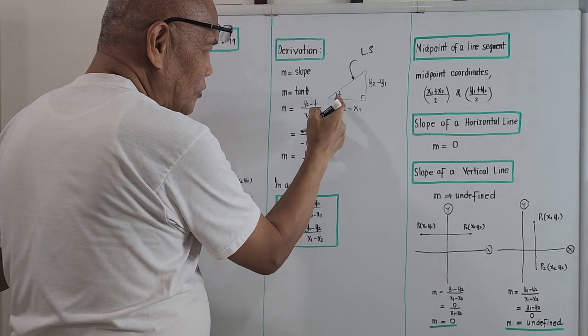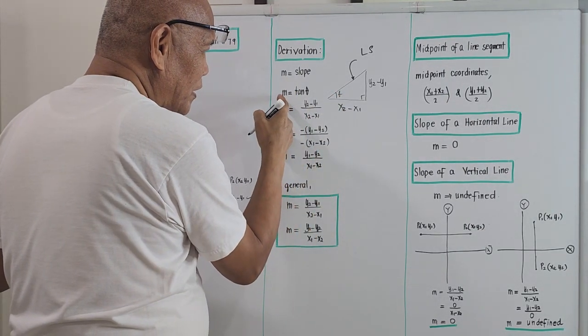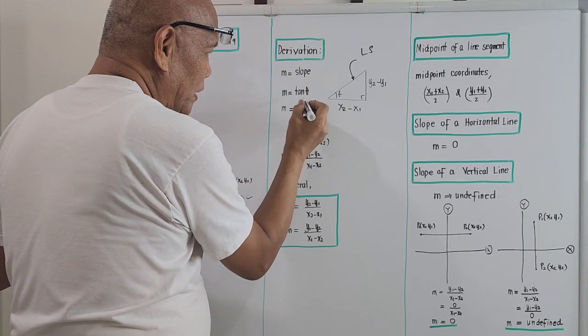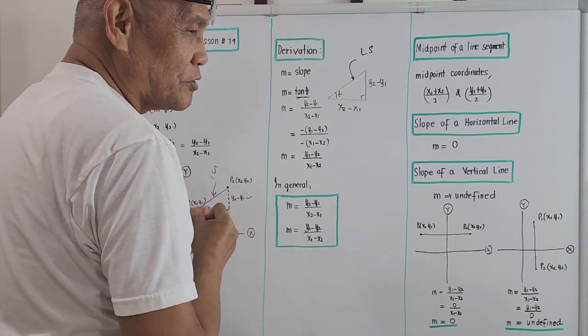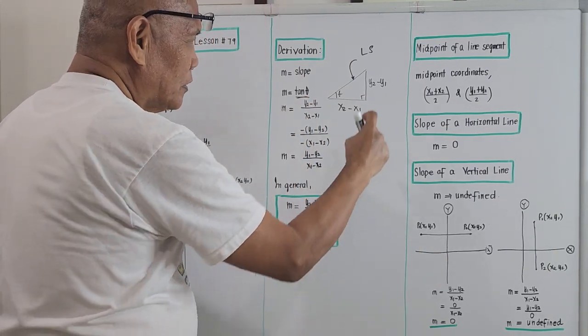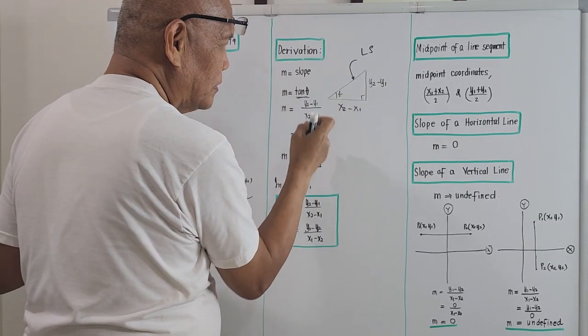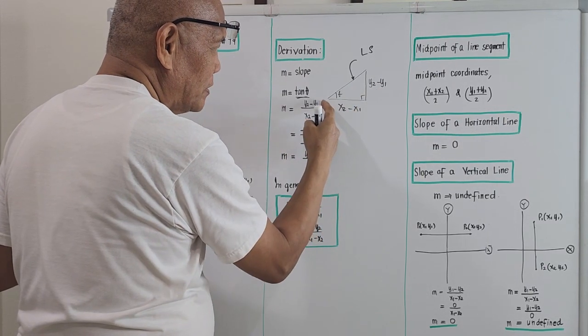And if we try to compute for this angle theta, okay, m is actually equal to tangent of theta. This is by definition. And tangent of theta, okay, this is now trigonometry. It should be opposite side over adjacent side considering angle theta. The opposite side is y sub 2 minus y sub 1.